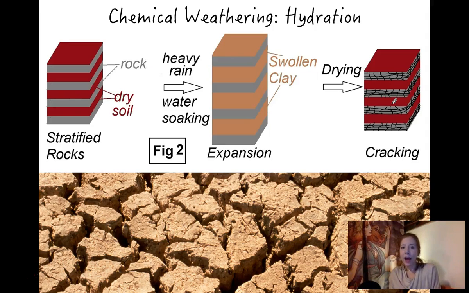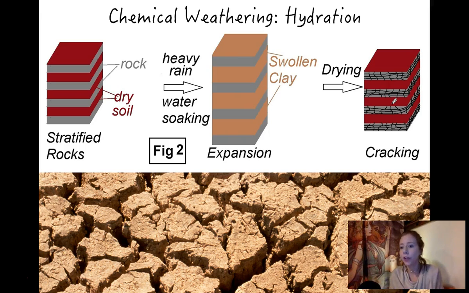Lastly, we have hydration. Now, this happens, for example, with shrink swell in clay. So clay absorbs water, and as it absorbs water, it swells. And then when it dries out, it shrinks.